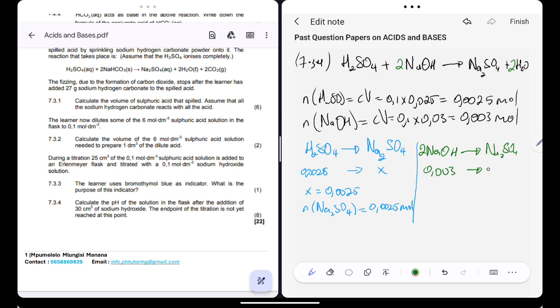I want to know how much of the sodium sulfate will I form. I will cross multiply, then I'll have 0.003 equaling 2x. Then x is equal to 0.0015. Remember that x represents the number of moles of sodium sulfate that will be formed if my base is completely used up.